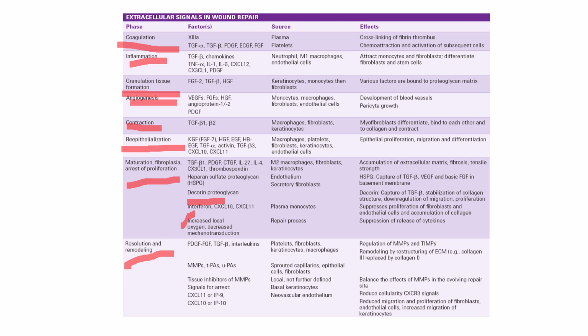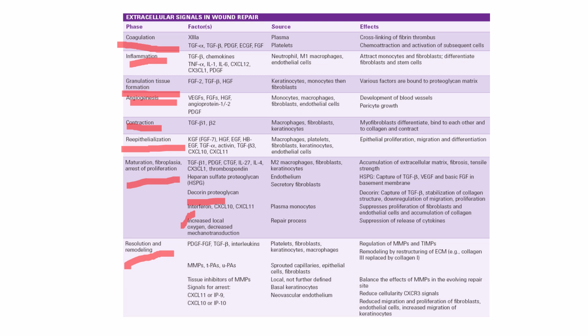Their effect is on extracellular matrix remodeling. MMPs and TIMPs regulate collagen turnover, for example, replacing collagen 3 with collagen 1, and they are also responsible for balance of MMP activity to ensure proper restructuring of the extracellular matrix.